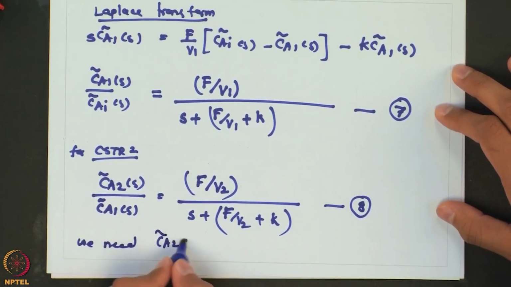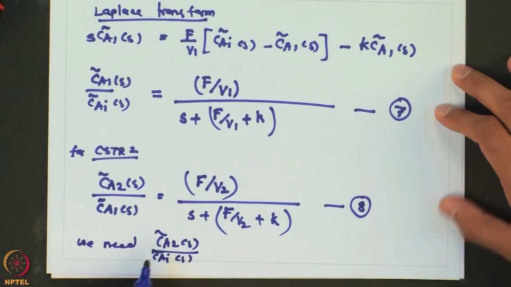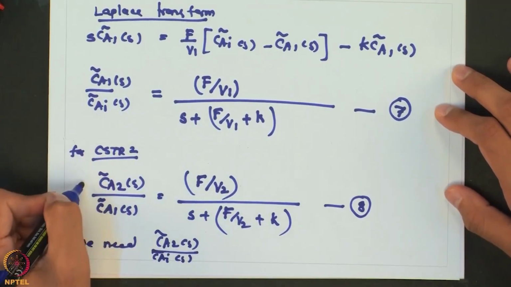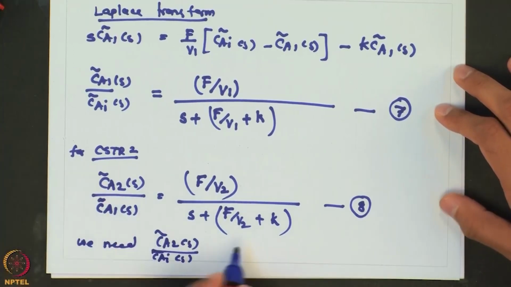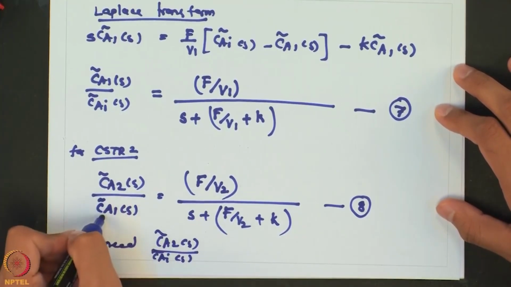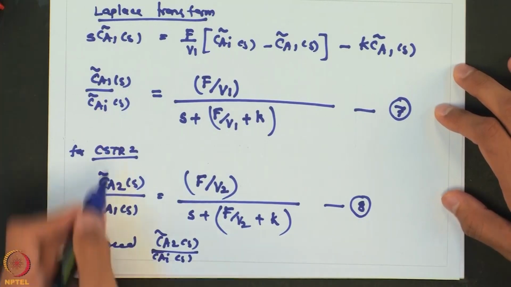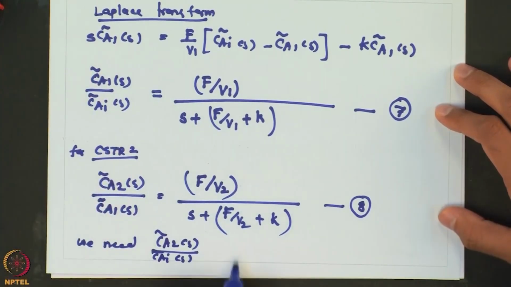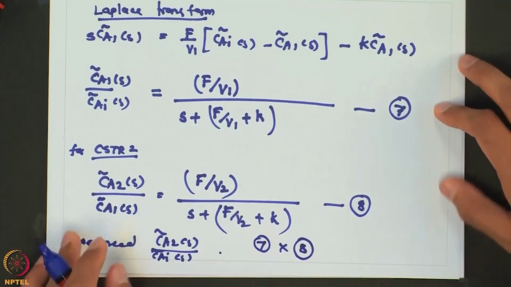and what we need is CA2 over CAI. So, we can simply multiply equation 7 and 8, and then the CA1(s) will get cancelled out from numerator and denominator. So, we do 7 times 8.